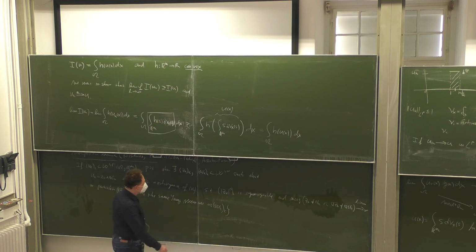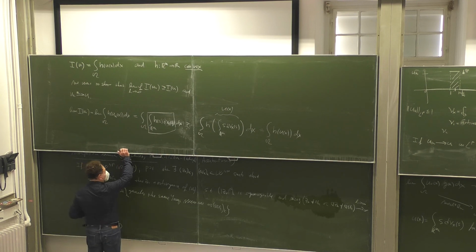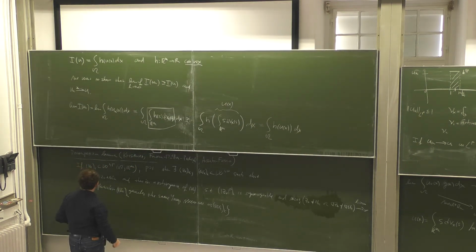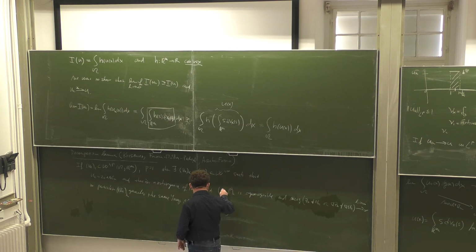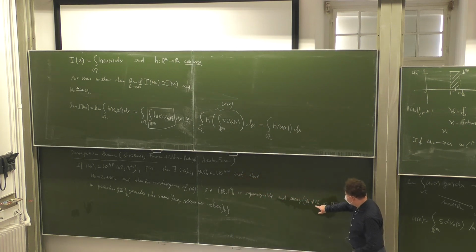So somehow it tells you that if you have a sequence which is maybe a minimizing sequence for your problem, W of the gradient, then maybe your sequence is bad, but you can replace it by a better sequence, such that the gradient of z_k to the power p is equi-integrable, and the measure where u_k is not z_k and the gradient of z_k is not the gradient of u_k goes to 0.